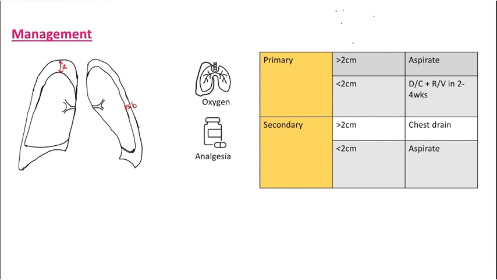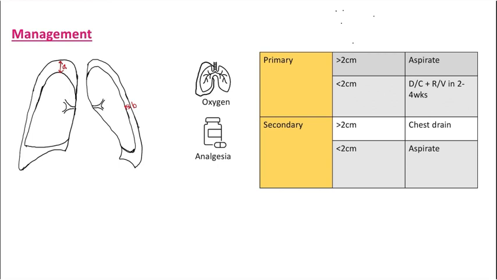Now, distance B is the one that I was going to mention. Generally, if this distance is more than 2 centimeters for a primary pneumothorax, all you do is put a needle in and aspirate it. However, if the distance is less than 2 centimeters, all you need to do is do a chest x-ray, make sure the patient's stable, discharge them, and review them in another 2 to 4 weeks' time.